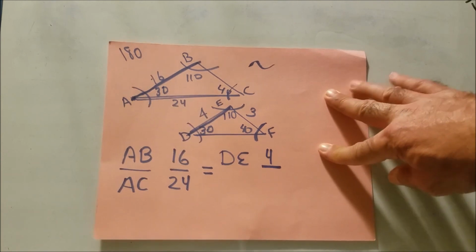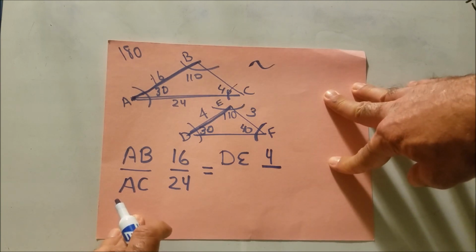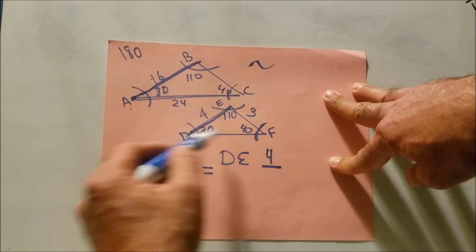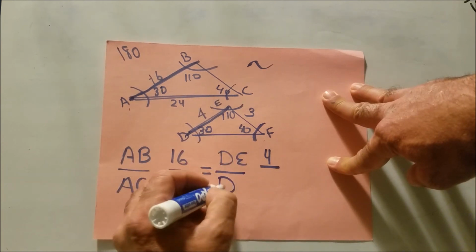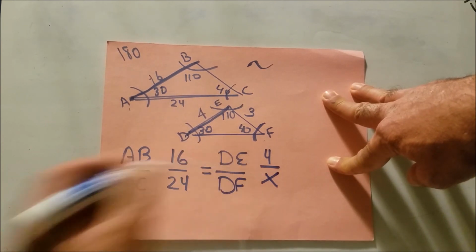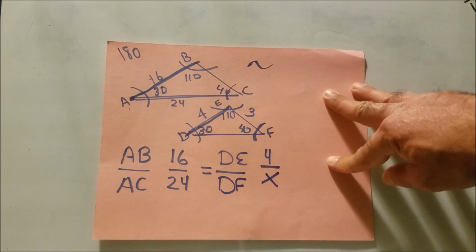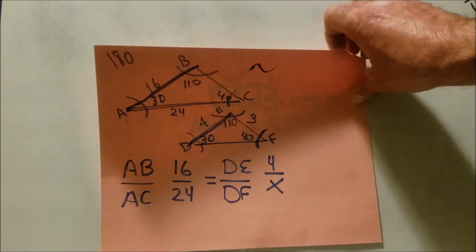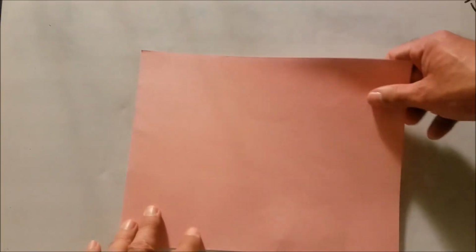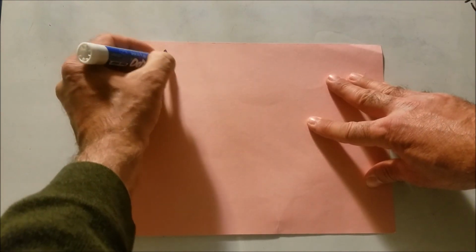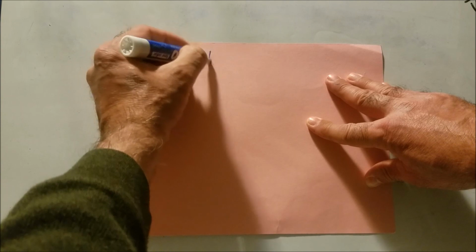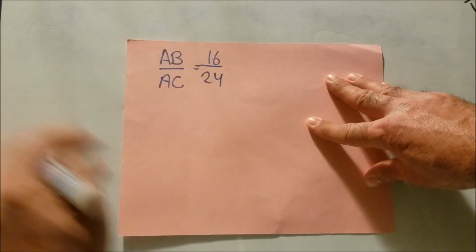Now we have to have the same corresponding ratio. We used AB and AC, so we need to use DE and DF. Well, we're trying to find DF, right? We don't know. We have an X right there. So now we can rewrite this. Let's get a clean sheet of paper. Okay. So remember we said line AB and line AC is 16 over 24.